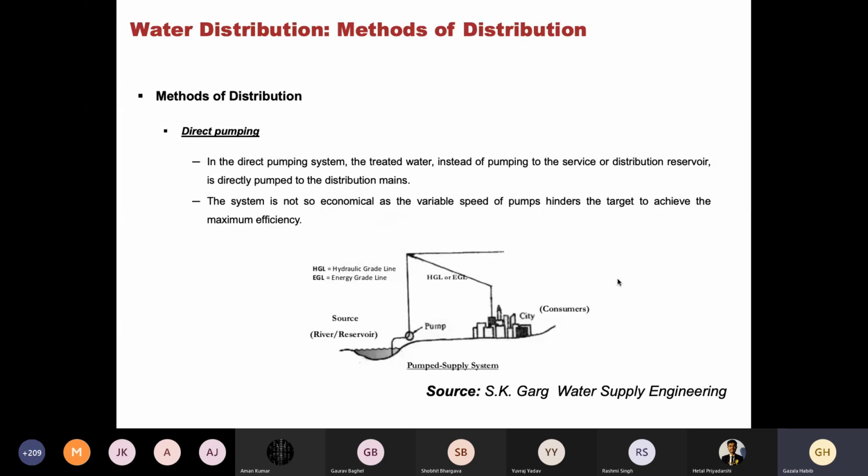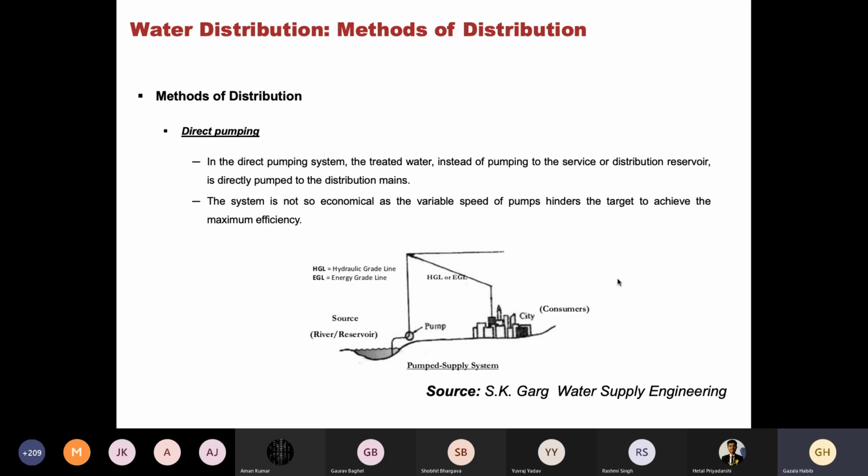So for plain area, we have to have a pump, and direct pumping method can be used for distribution of water. So pump the water to the high reservoirs or maybe directly into the distribution system, and that is another way of distribution of water. Here I will just go through the lines I have written.